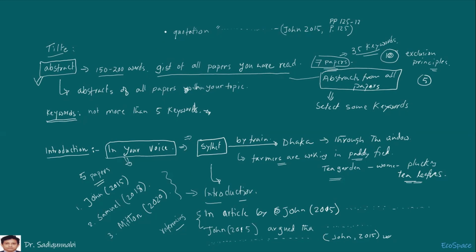And style number 3 is the quotation. These two are style number 1, and these are style number 2, and this is style number 3. We'll talk more about referencing in the later part, when we are talking about referencing. All right. Okay.